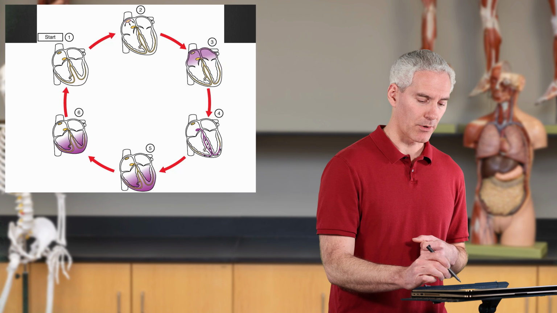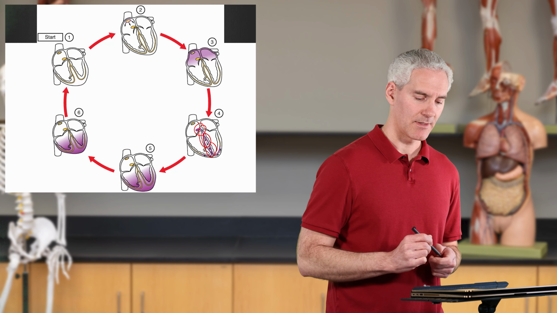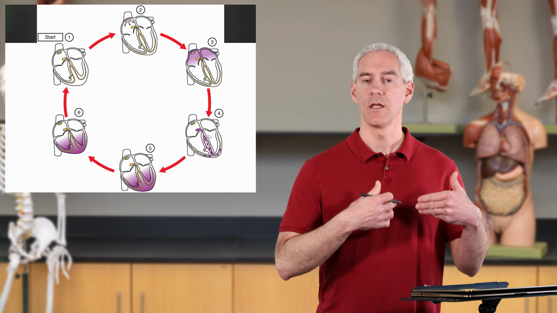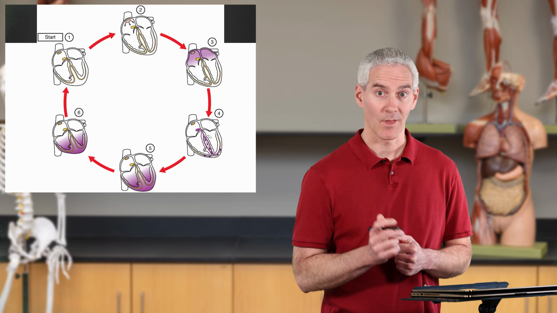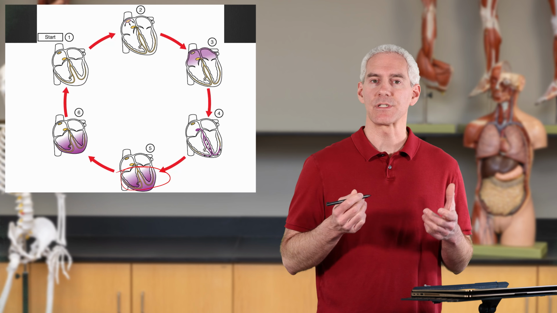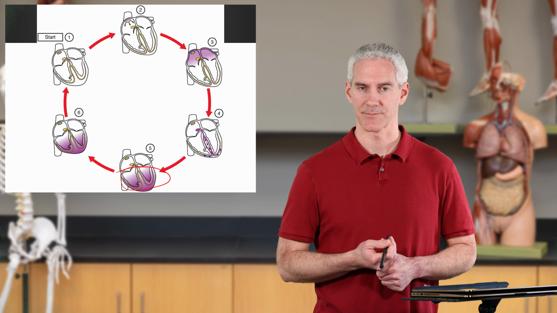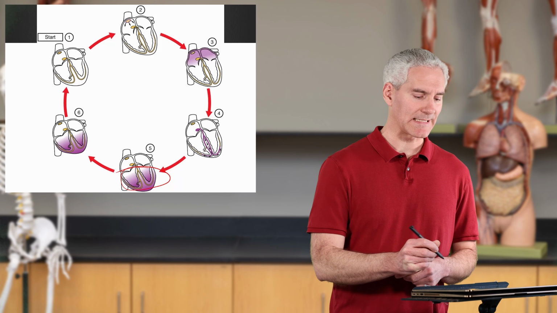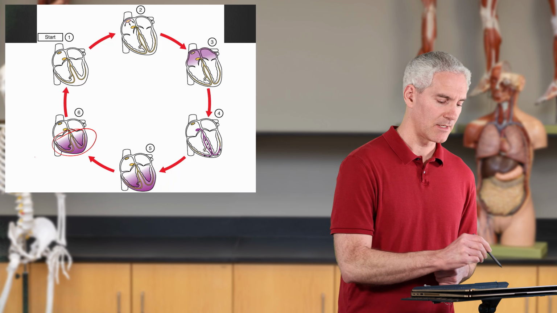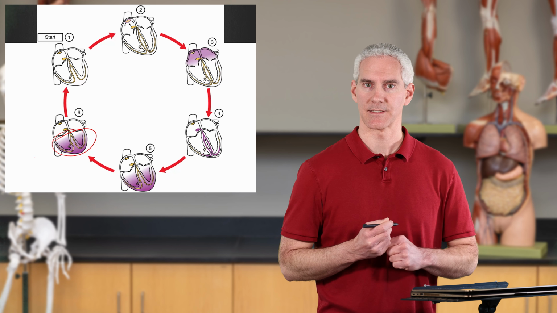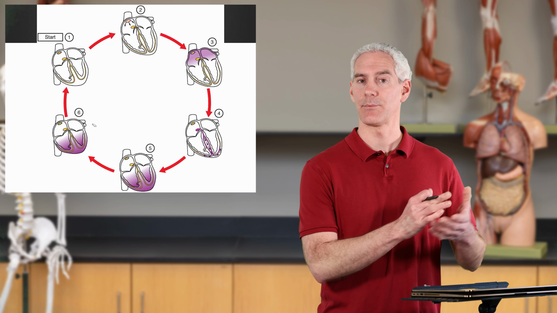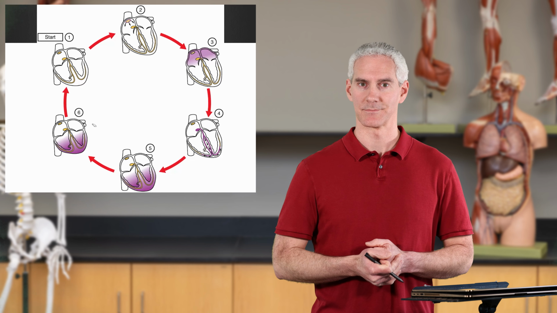From there, you can see the depolarization travels right down that structure, from the AV node to the AV bundle, going down to the bundle branches. From there, once the Purkinje fibers are initiated, you start the contraction of the ventricles. Now you notice it starts to contract at the apex, hence why it's shaded going up, and then full contraction causes the entire ventricle to contract. After that, it's repolarization and back to step one, starting over again.